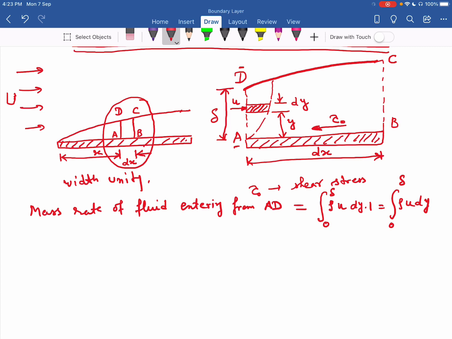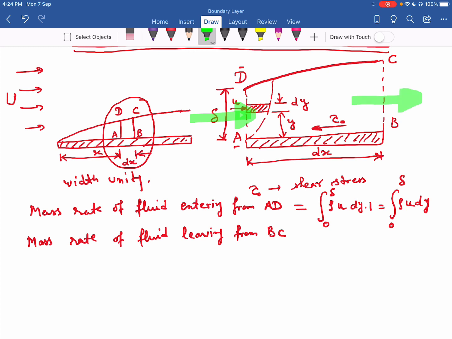Similarly, you can find out the mass rate of fluid leaving from BC. The entry is from here and fluid is leaving from this side. Now the leaving is with respect to the x-axis, and there is some increment with respect to the x-axis.